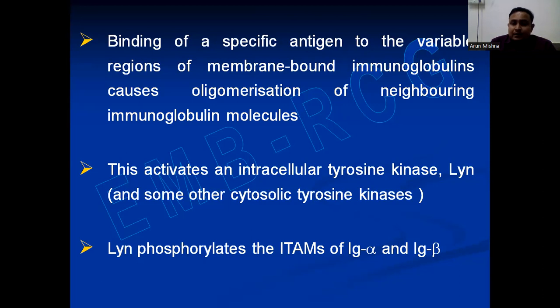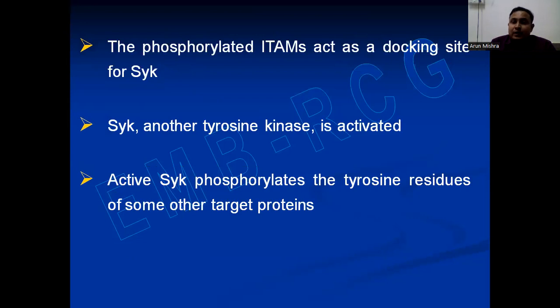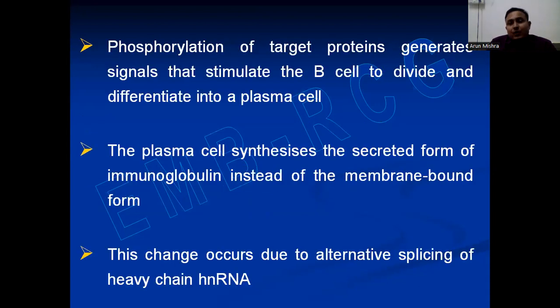Lyn phosphorylates the ITAMs of Ig alpha and Ig beta, and phosphorylated ITAMs act as docking sites for SYK. SYK, another tyrosine kinase, is activated, and activated SYK phosphorylates the tyrosine residues of some other target proteins.